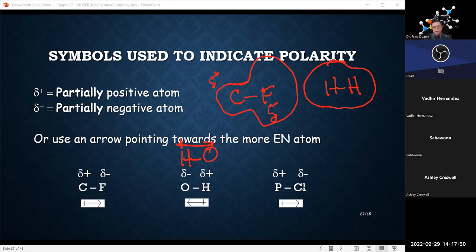And then the phosphorus chloride, we look at their position relative to chloride, and we determine that chloride is a lot more electronegative, so therefore it's going to have the partial negative side, leaving the partial positive side on the phosphorus. Okay.